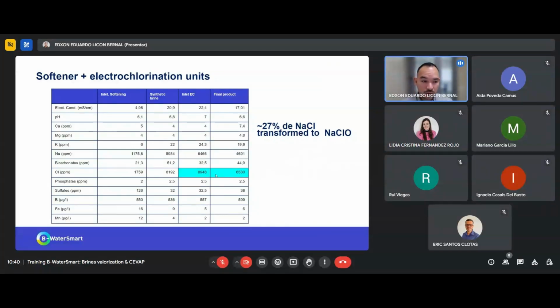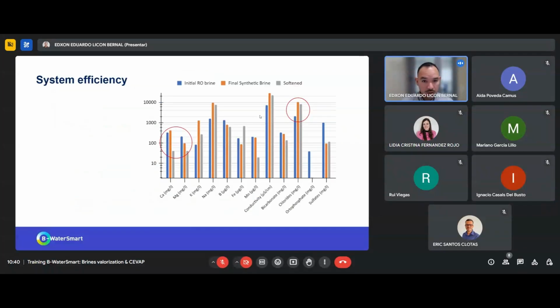And you can see a reduction of 30% in the chloride due to the single pass in the electrochlorination, about 30% of the sodium chloride was transformed. And not much movement of other ions present in the solution, which was really important.